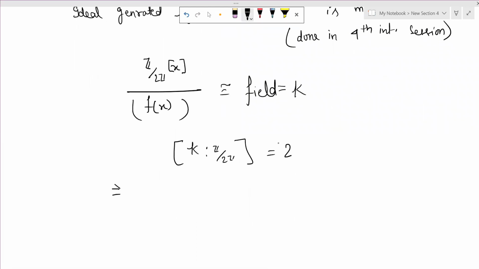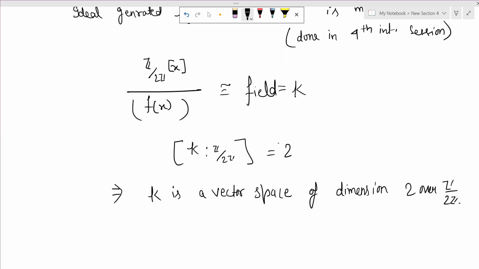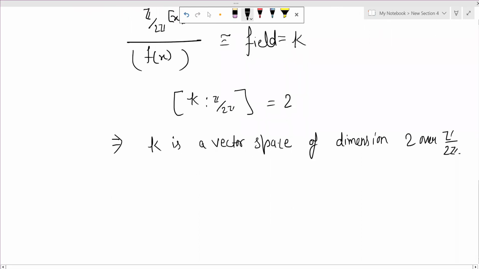What does this notation mean? K is a vector space of dimension 2 over Z mod 2Z. So what is the size of a vector space of finite dimension over a finite field? Just recall your linear algebra.